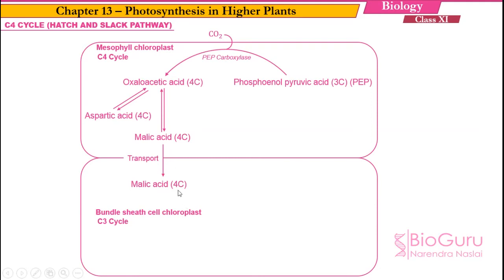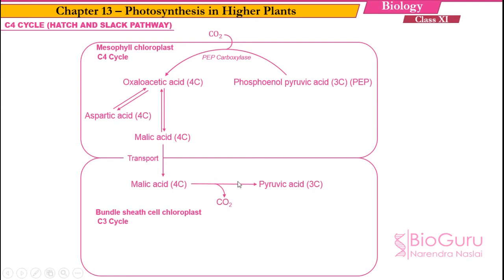Which is a 4-carbon compound. Here malic acid will get converted into pyruvic acid. You can notice the number of carbons here. The malic acid is a 4-carbon compound, which gets converted into pyruvic acid, which is a 3-carbon compound. Now the question is, where is the other carbon? Here the other carbon is removed in the form of carbon dioxide.